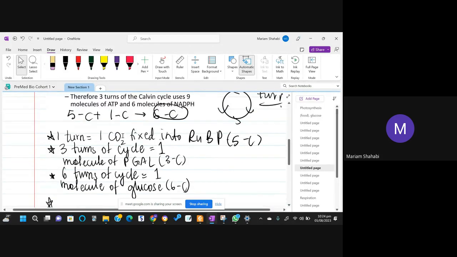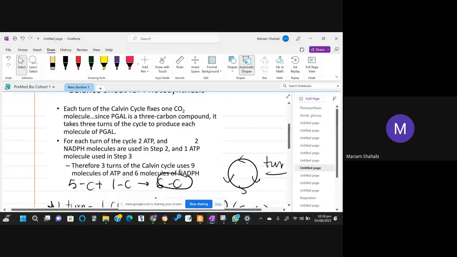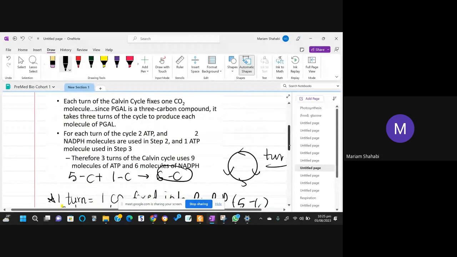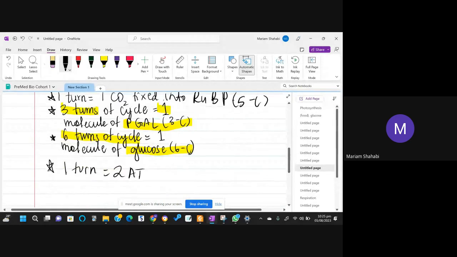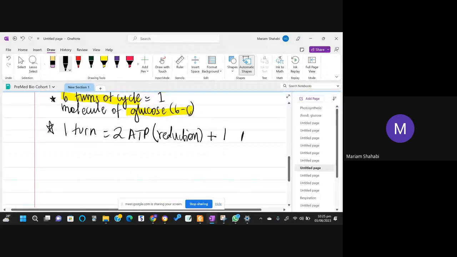So 3 turns of the cycle correspond to the formation of 1 molecule of phosphoglyceraldehyde. 3 turns of the cycle. And if we want 1 molecule of glucose, we need to run the Calvin cycle 6 times. And for 1 turn, 2 ATPs. Okay, 2 ATPs are used in the reduction process, and 1 ATP for regeneration.